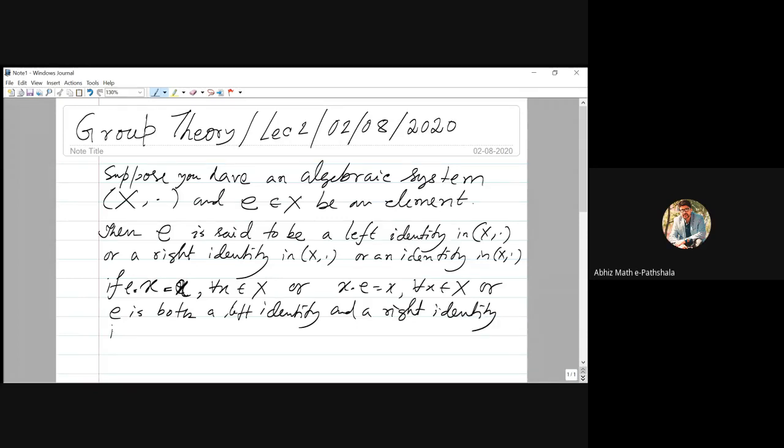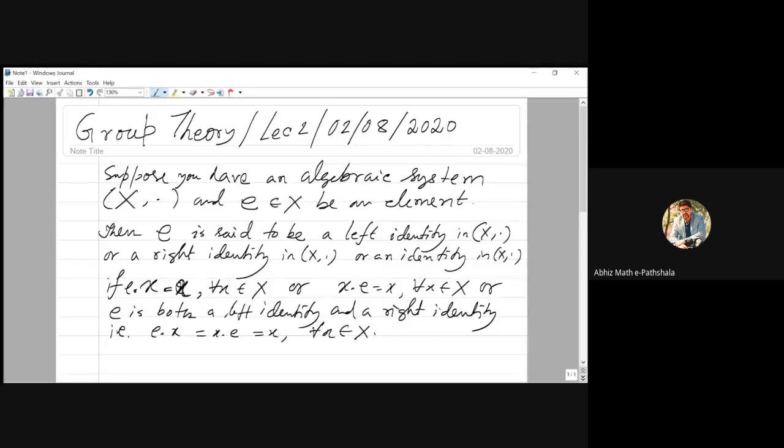That is, this e must satisfy both the conditions, right? That is e dot x equals x dot e equals x. So in this way you can frame the definition of an identity in an algebraic system.